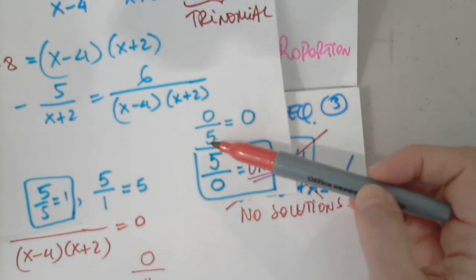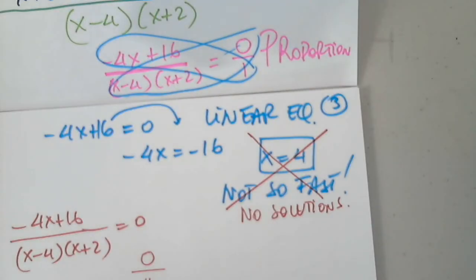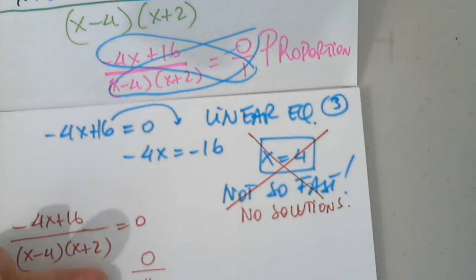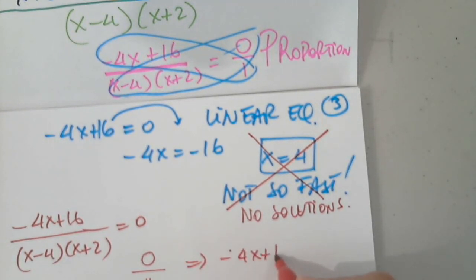Only 0 over a non-zero number is 0, which means, how can this be 0? Only if the numerator is 0. And of course I get the same answer. You can say this is easier to think in terms of a fraction is 0 when the numerator is 0.